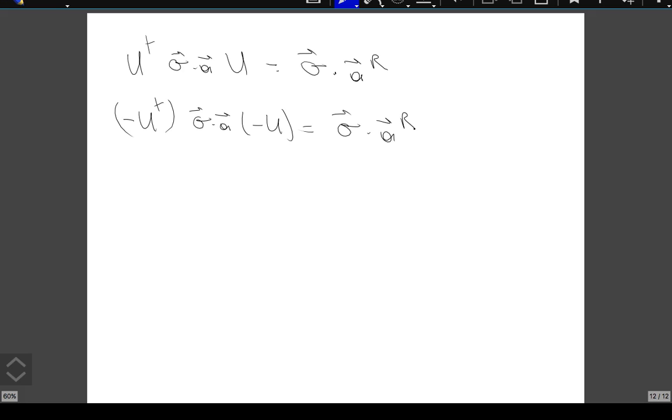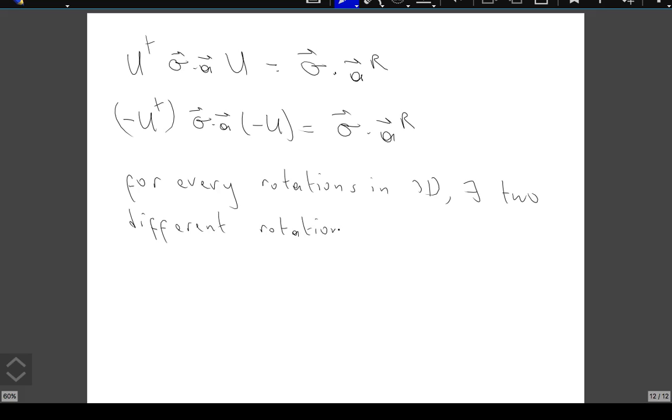So for every rotation in three-dimensional space, there exist two different rotations U in the spinor space.